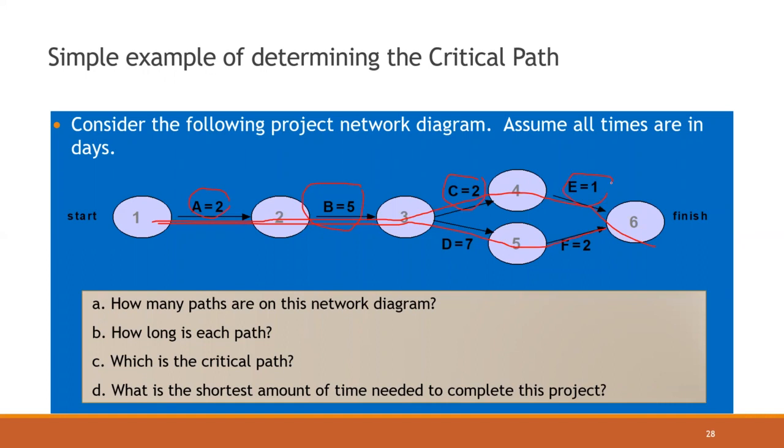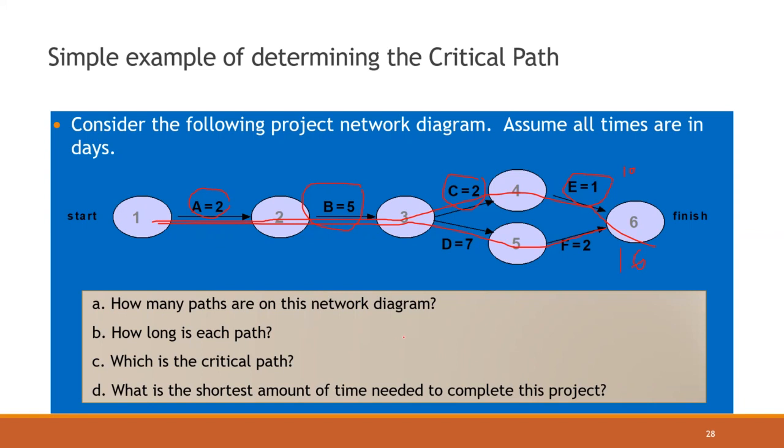So path 1 is 2 plus 5 plus 2 plus 1: 7 plus 2 is 9, plus 1 is 10. So the first path we got 10. And the second path, 2 plus 5 is 7, plus 7 is 14, plus 2, we got 16.